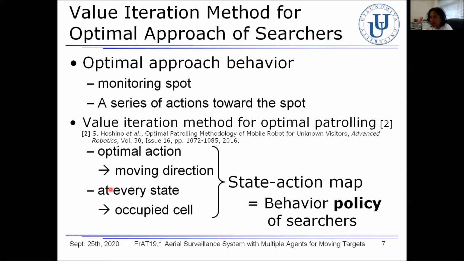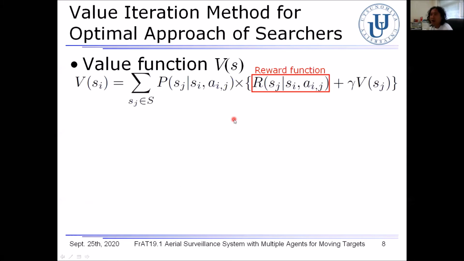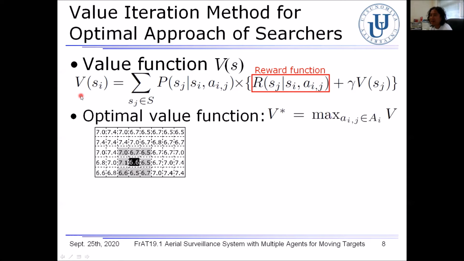The optimal action indicating the moving direction in each cell is given to the searchers as a policy. Okay, so for calculating the policy, we first off use the following value function here, V. By repeating the recursive calculation of the value function, finally, the state value is optimized on the basis of the Bellman update.